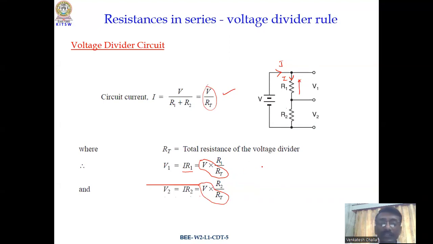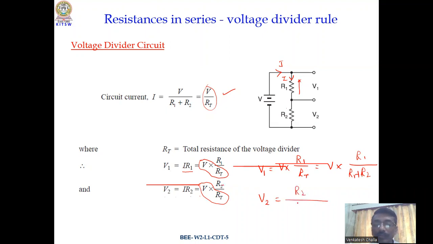So we can write V1 is equal to voltage into R1 divided by R total, which is equal to V into R1 divided by R1 plus R2. Similarly, V2 will be R2 divided by R1 plus R2 into total voltage.